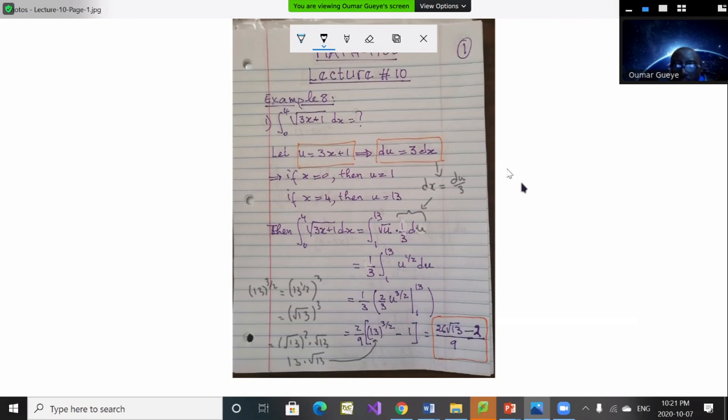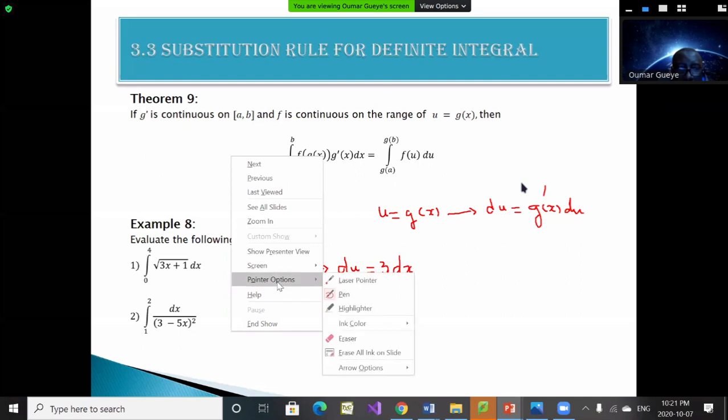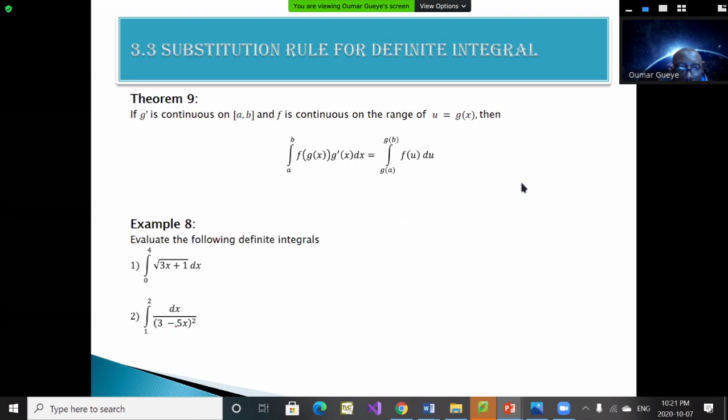All right, so let's see the second example. I'm going to erase this. Example number 2. We're going to set u equal to 3 minus 5x, which is your inner function.